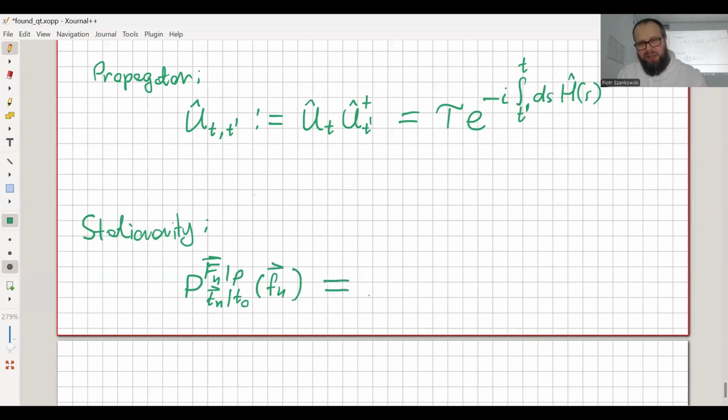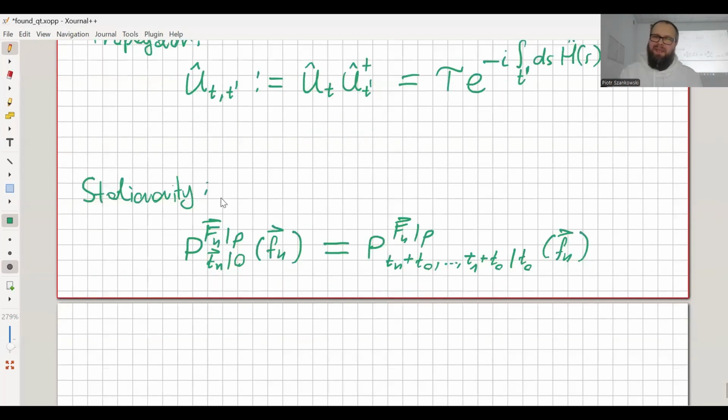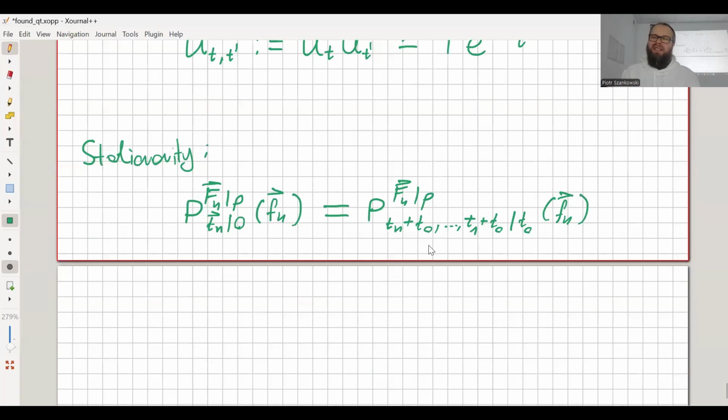This has to be the same as doing the same experiments, but where you shift all your times by some fixed date. Let's set here t0 to 0, t1 plus t0. All right. So this is the assumption of stationarity, so that you don't have to worry that results of your experiments are affected by the absolute date, the time when you are doing your experiments.